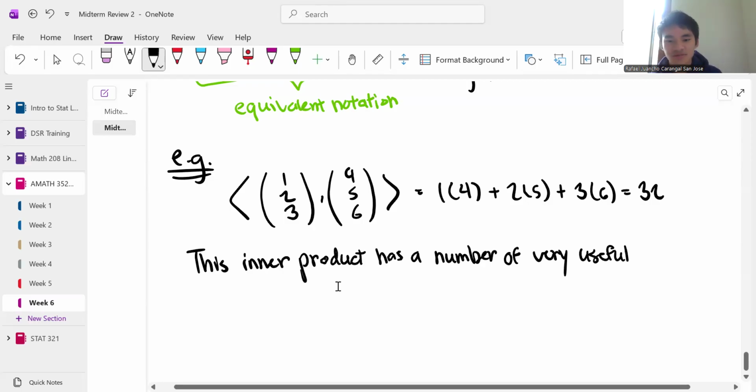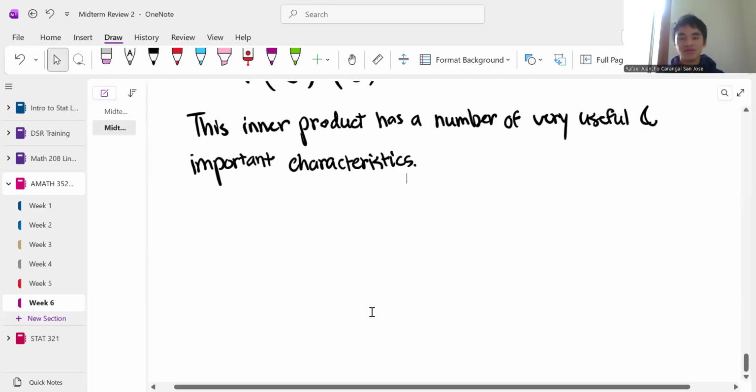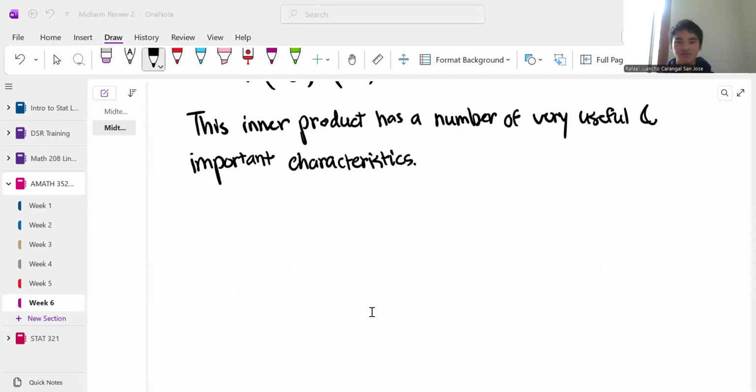You can use that to do more nice mathematics with other things. So we'll check that out. We can use that number to provide very useful and important properties that we're going to go over here.